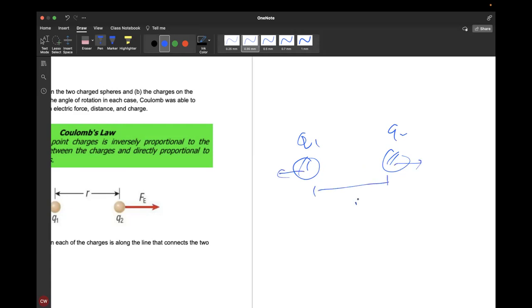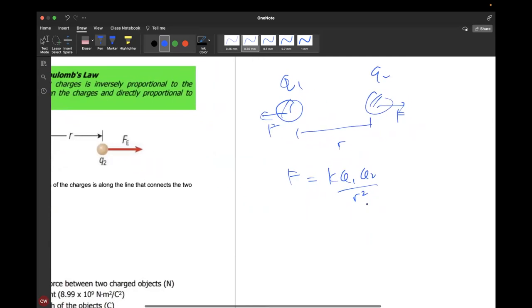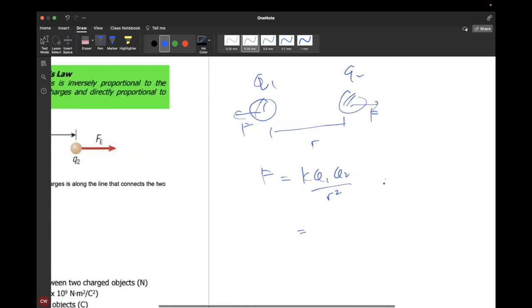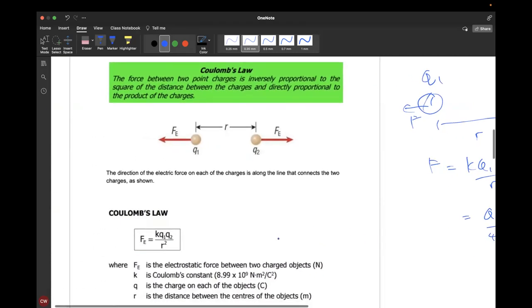The separation is R. So the force acting on these two charges is equal to K Q1 Q2 over R squared. Actually K is 1 over 4 pi epsilon naught. So this is the formula from Coulomb's law.